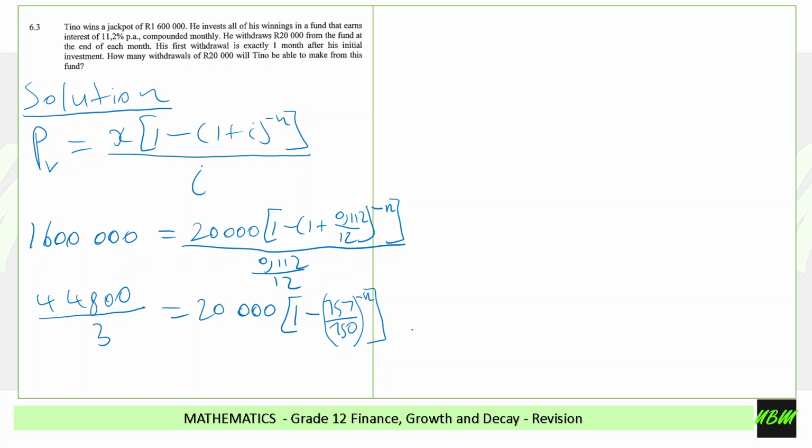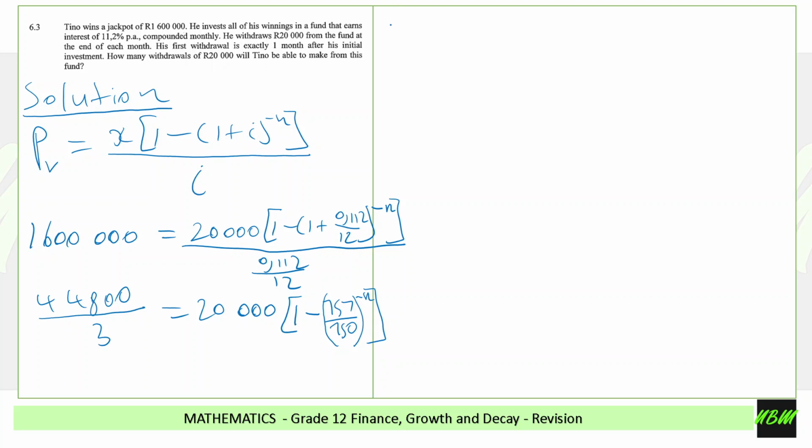Then we are now going to divide both sides by 20,000. So we have 4,800 divided by 3, then we are dividing this by 20,000.